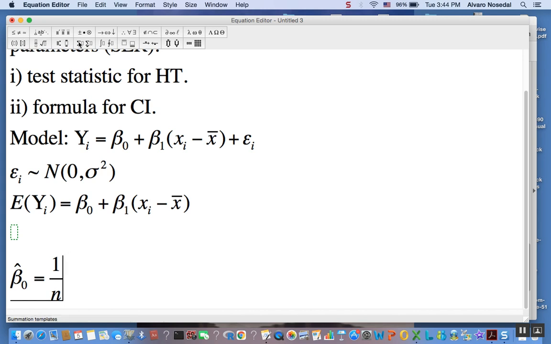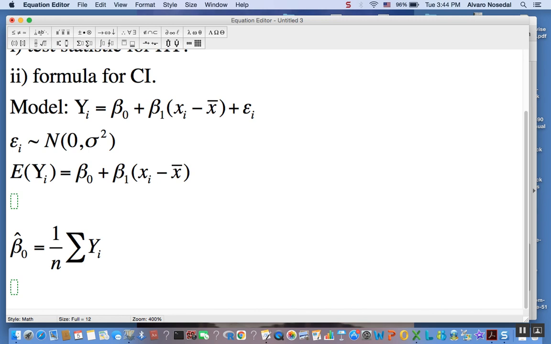Let me just write this down, because I want you to see something here. Note that this guy, y bar, is a linear combination of our y's. That's important.